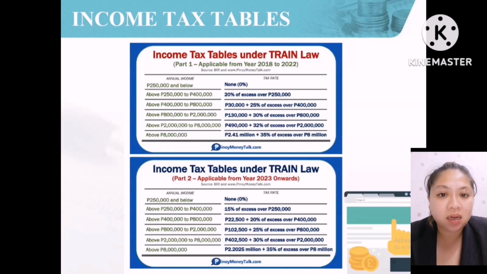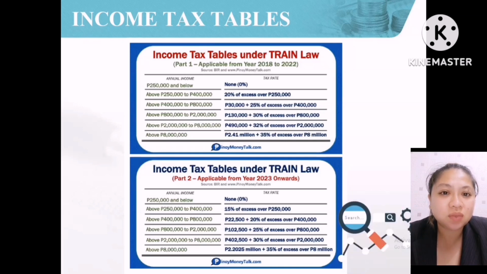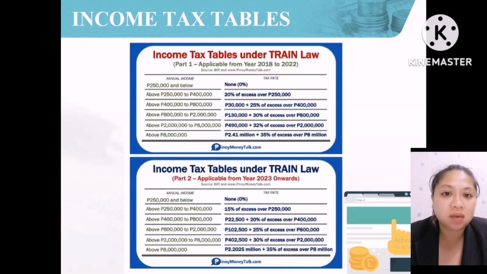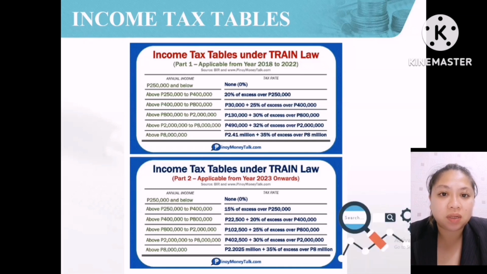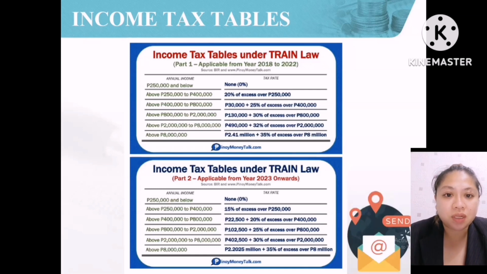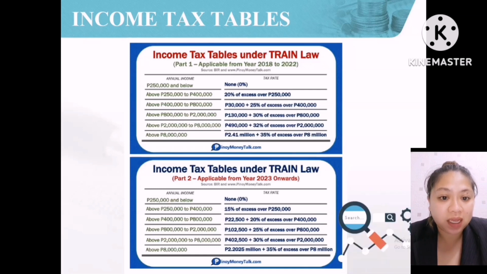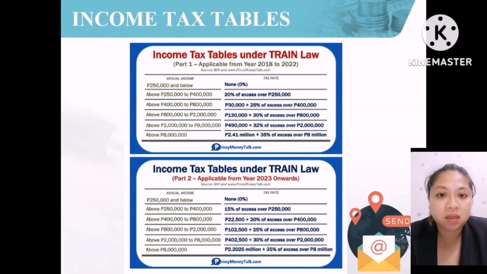We also have 800,000 to 2 million pesos. The tax will be 130,000 plus 30% of excess over 800,000 on the part 1. And on the part 2, we have 102,500 plus 25% of excess over 800,000.